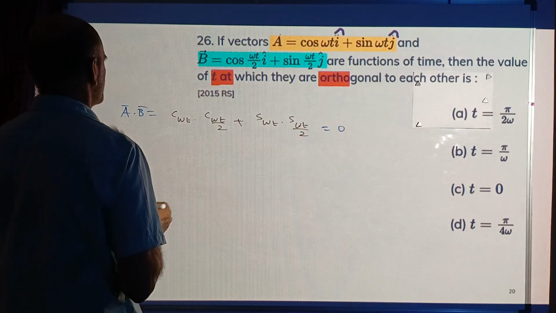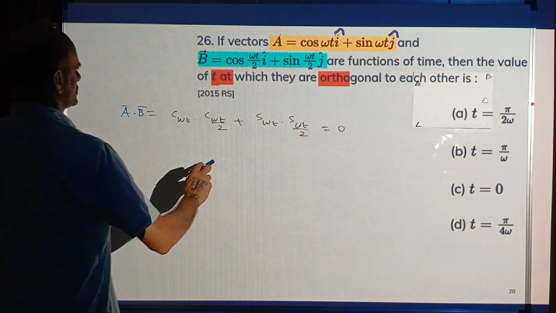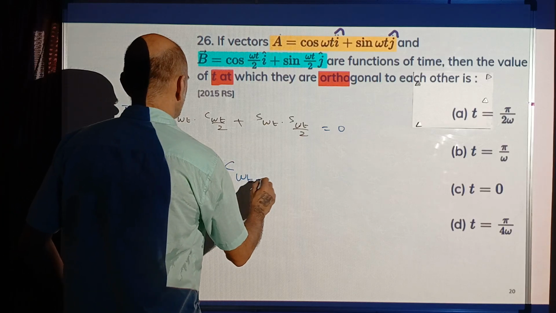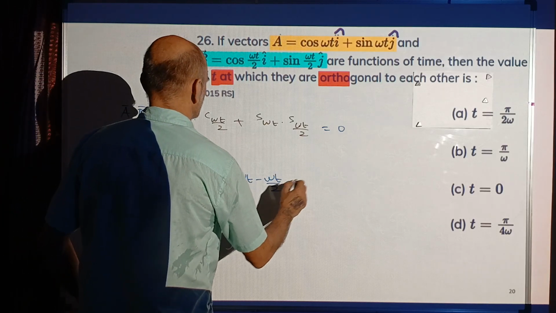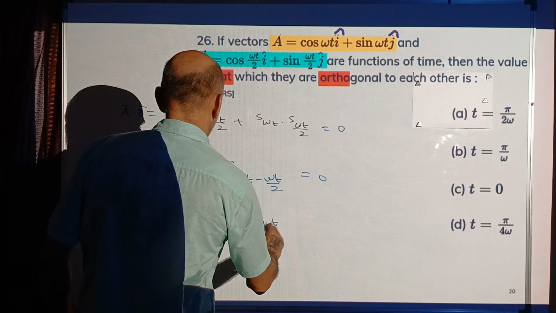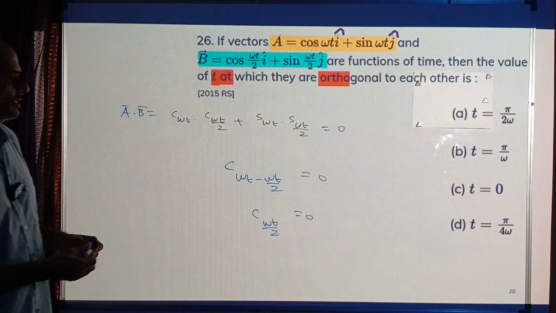So we have the cos A plus B formula and the cos A minus B formula. Cos A minus B is cos cos plus sin sin. So this is nothing but cos of omega t minus omega t by 2, which should be equal to 0. That means cos of omega t by 2 equals 0, so the angle should be 90 degrees.